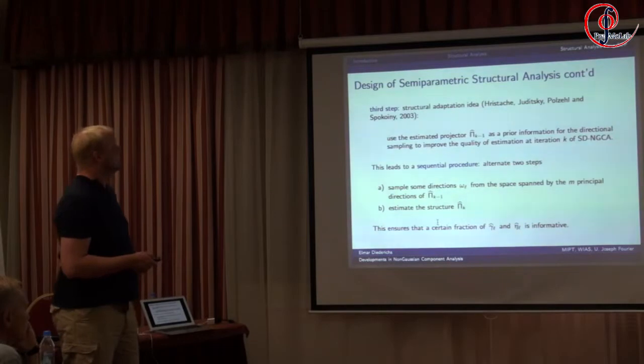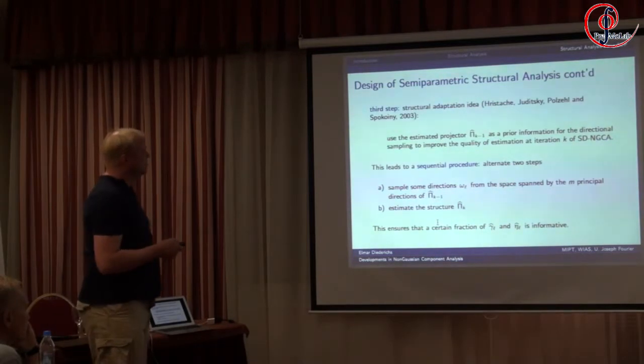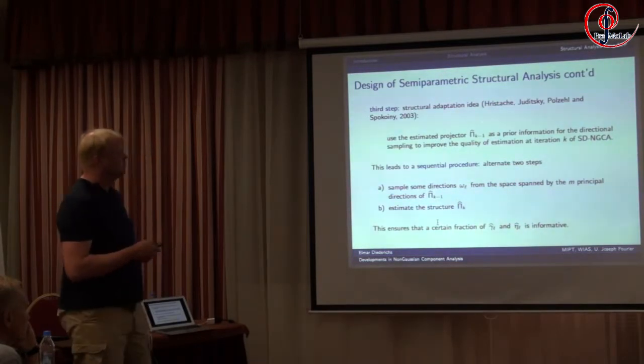And additionally, we will make a third step. Up to now, up to the dimension of 50, it was not necessary to use any kind of structural adaptation. It was not necessary to iterate the method in order to reuse the estimation result in the next iteration of the method.